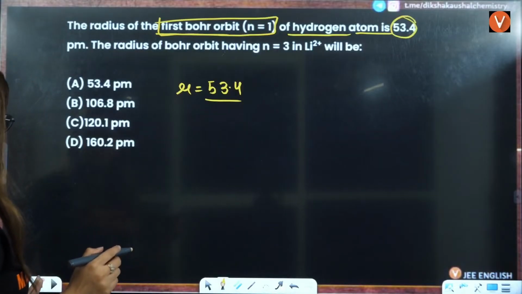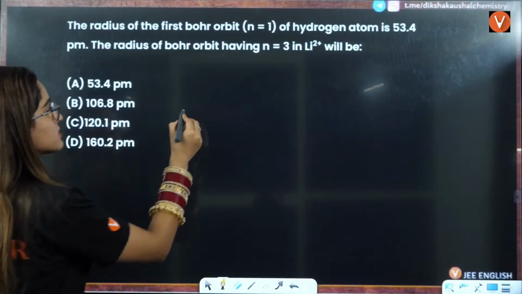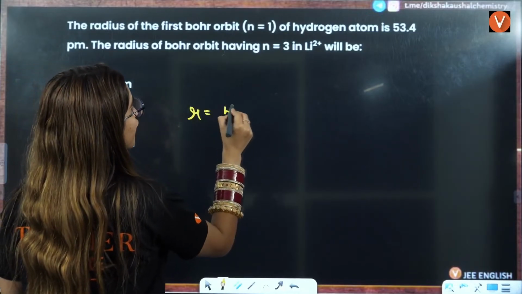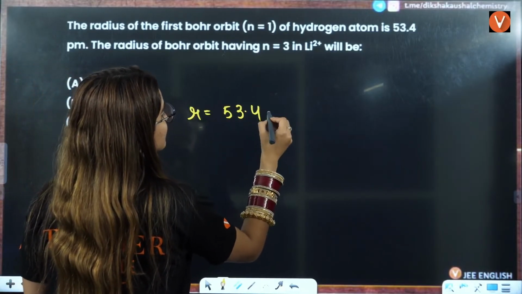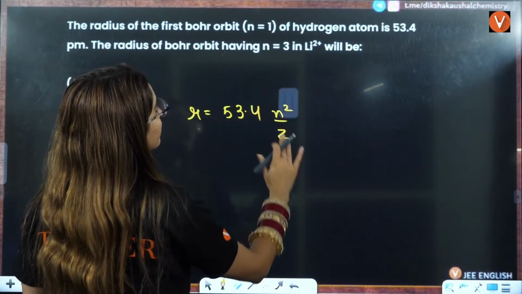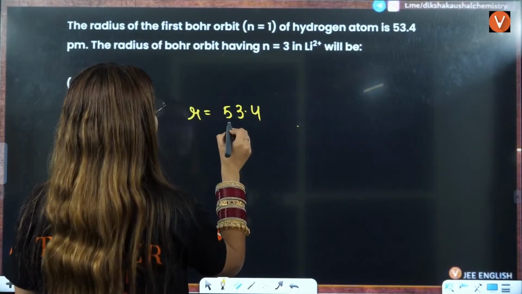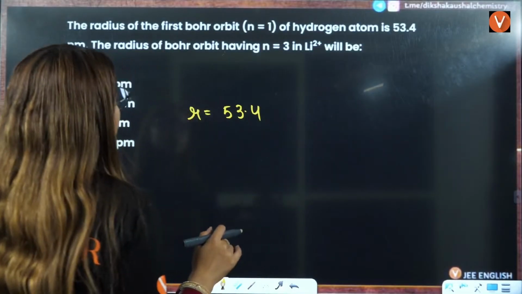The formula of radius is R equals 53.4, in picometer, times n square by Z. N is given to be 1, Z is given to be 3, so n square by Z is divided by 9.